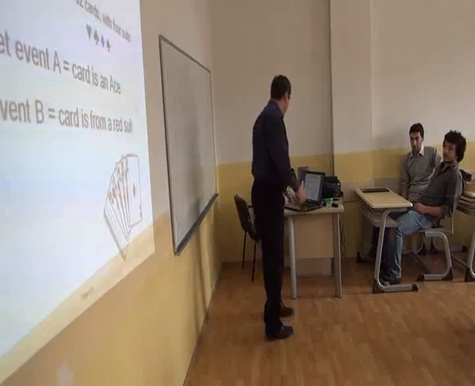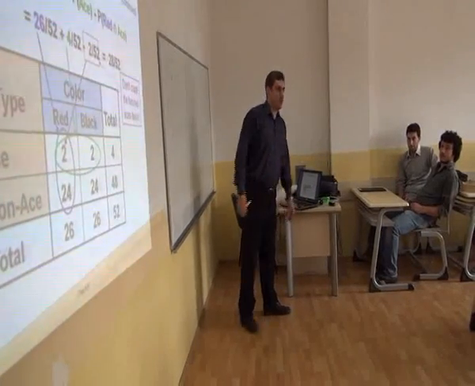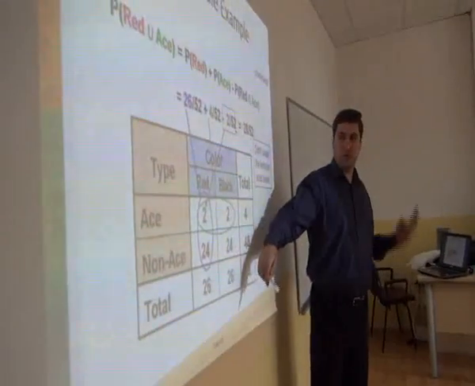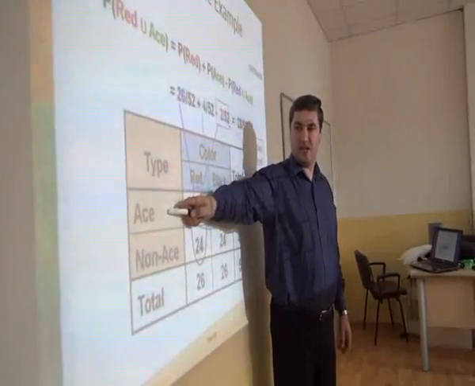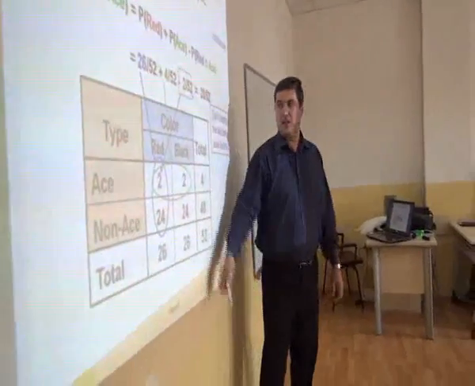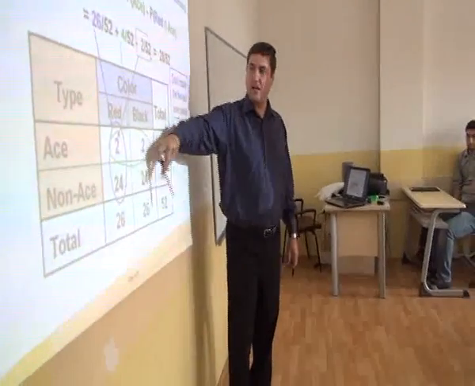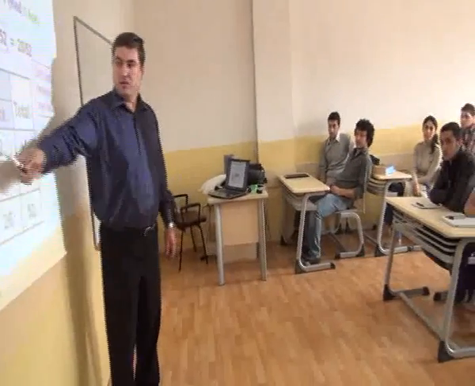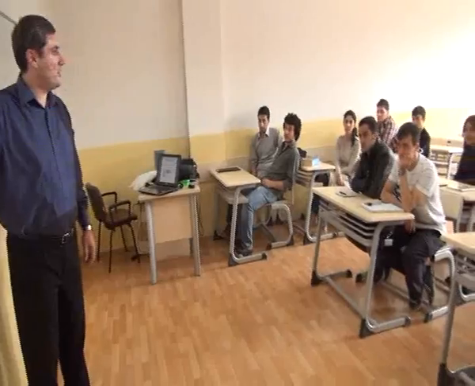So how can we put this information on the table? There are two dimensions. One says that the card could be an ace or not an ace, and the other says that the card could be red or black. Why do these two stand here?